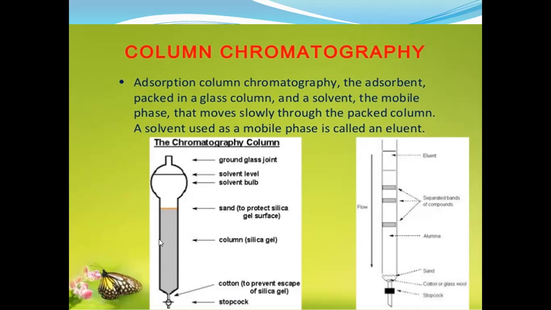First we take a clean burette or column. At the bottom of that column, above the stopcock, we place cotton or glass wool. What is the purpose of placing cotton? To prevent the escape of silica gel. Here the silica gel is our stationary phase.